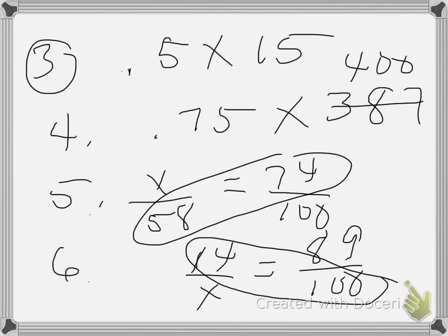Okay, so now we're going to move on to number 7. Remember we did this before. To determine the percent of change, we first determine if it's an increase or decrease. In number 7, you went from 100 to 150. So you see it went up. It's an increase. So you subtract the numbers, right?